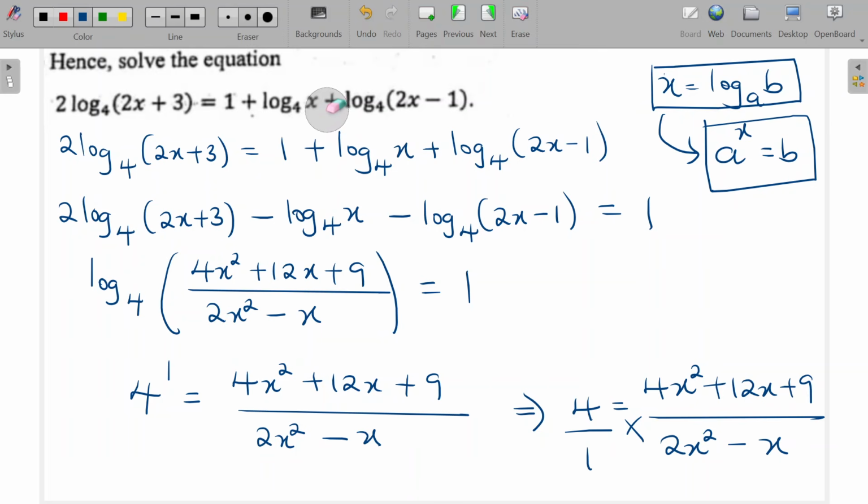Now let us get the 9 over 2. When we plug it in here, we are going to get 9 plus 3, that will be 12. Then here we are going to get 9 over 2. Then here we are going to get 2 times 9 minus 1, which will be an 8.